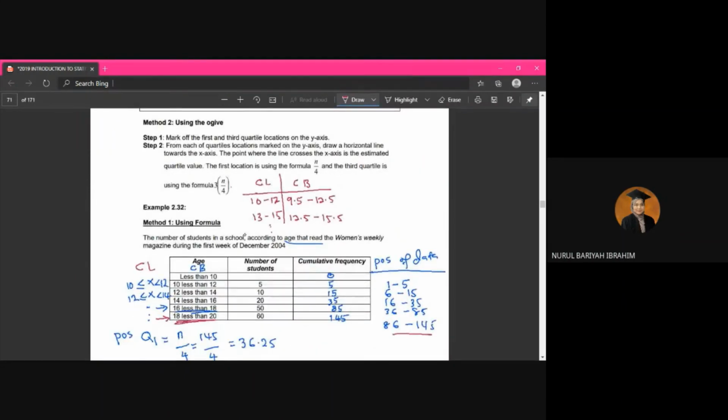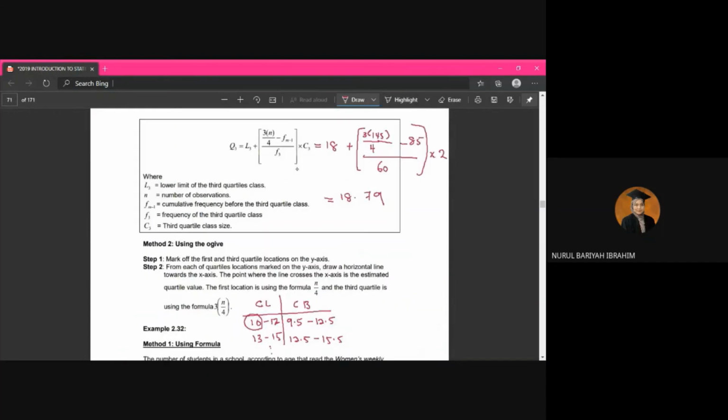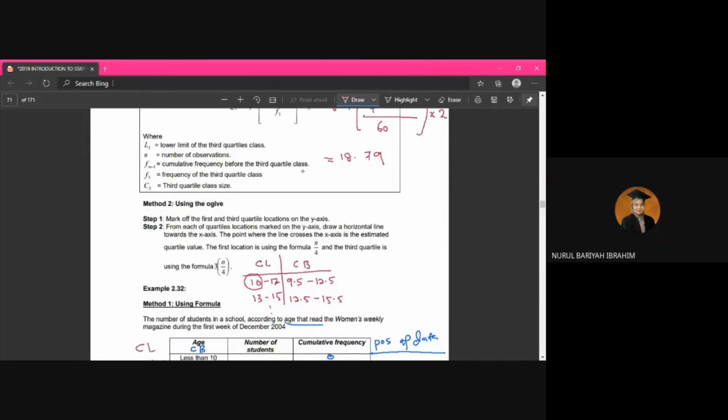Let's say kalau Q1 berada sini, so dia punya lower limit will be 10, but lower boundaries will be 9.5. Okay, upper boundaries will be 12.5. So kat sini value L3 di sini adalah lower limit. So you kena ambil dekat column ni.